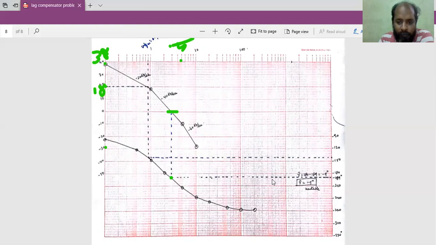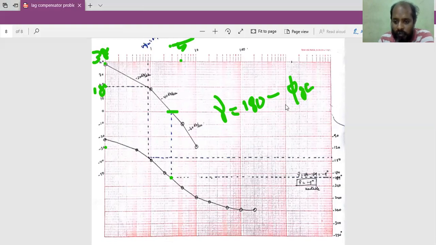Correspondingly, what is the phase angle value? I have got it like minus 189. So your phase margin formula is gamma is equal to 180 plus φGC, and the φGC value you got is minus 189.